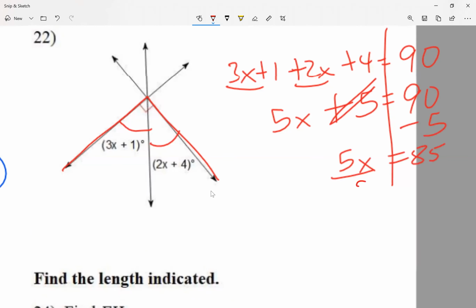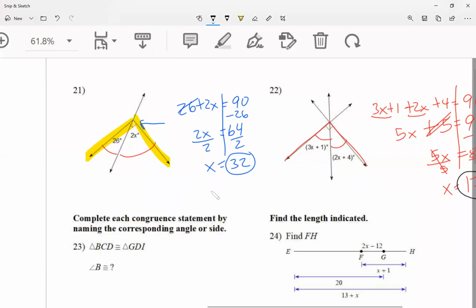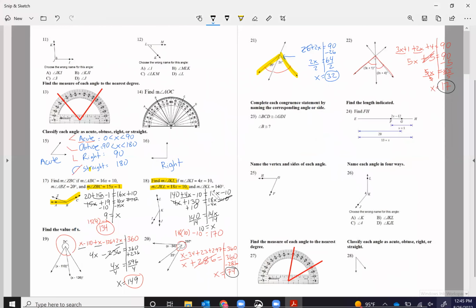To get x by itself, let me divide both sides by 5. I know 85 divided by 5 is 17. So x equals 17. Again, my instructions were find the value of x, right? Solve for x, 17. There you can see the notes that we took today.